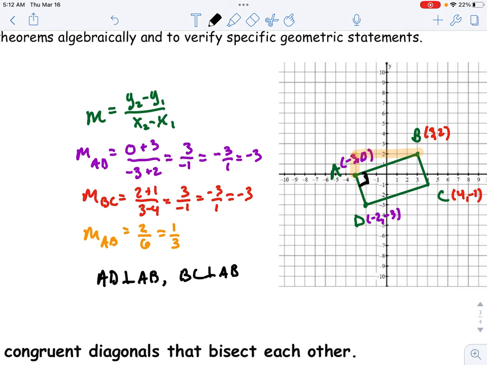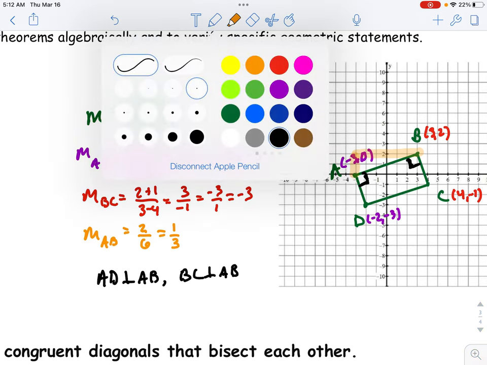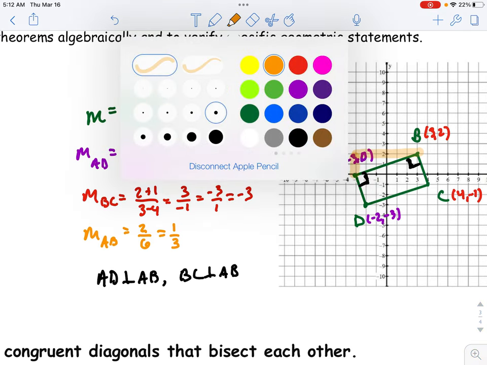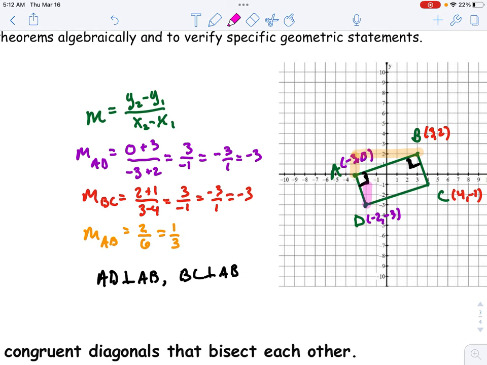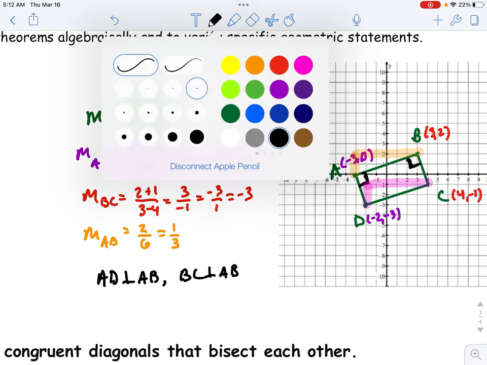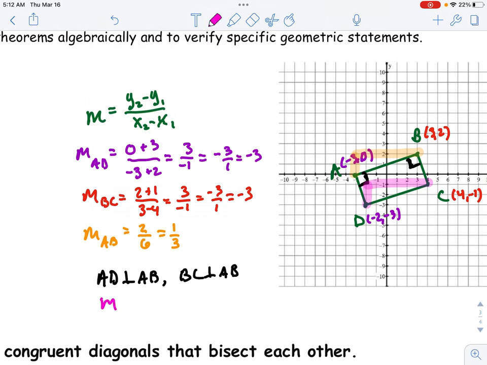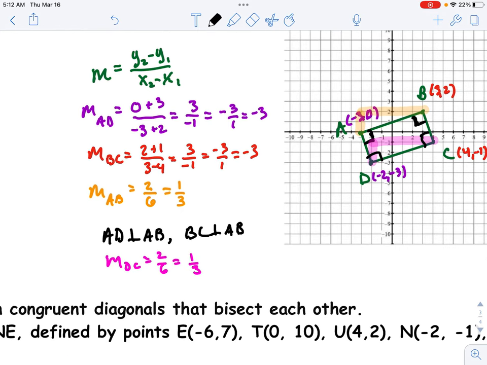Alright. Sweet. Alright. Now I'm going to count the last slope. Up 2 over 6. Oh my gosh. Alright, the slope of DC is also up 2 over 6, which is 1/3. And that just makes everything fall into place where, boom, everything's perpendicular.